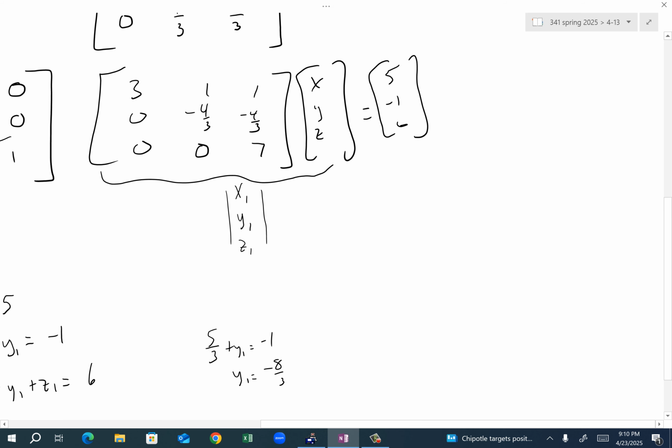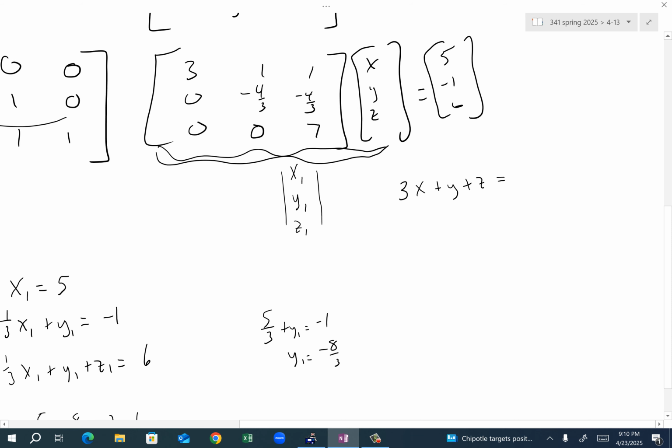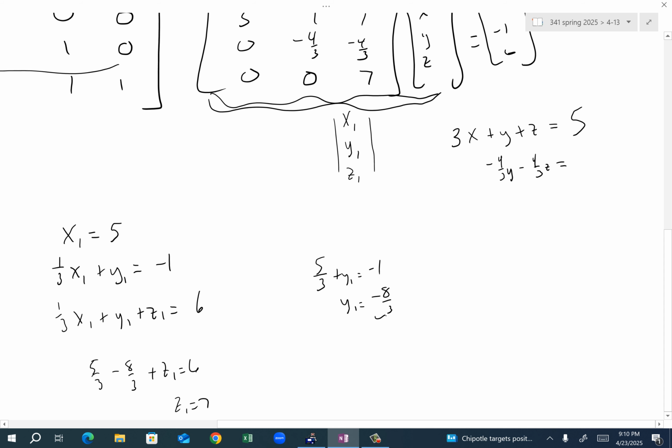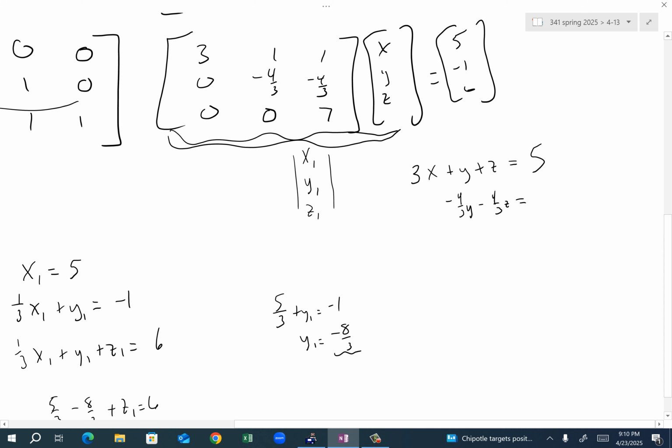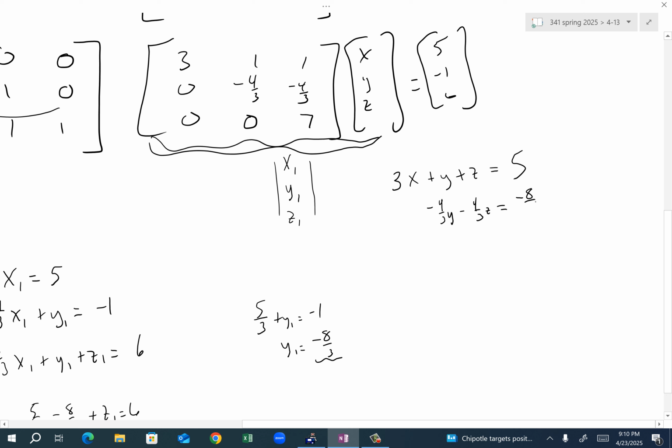We just solved for what this product is. So what we're really saying is that 3x plus y plus z is equal to 5. We are saying that negative 4/3 y minus 4/3 z is equal to, what did we say y1 was? We said it was equal to negative 8/3.